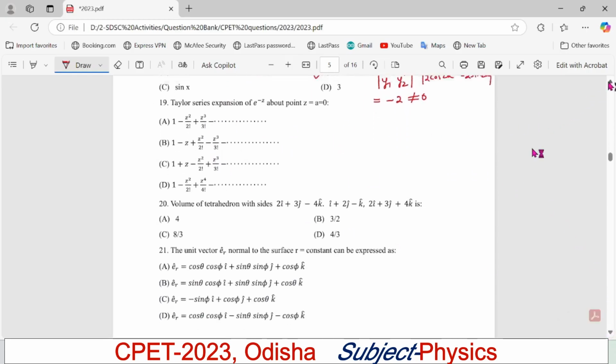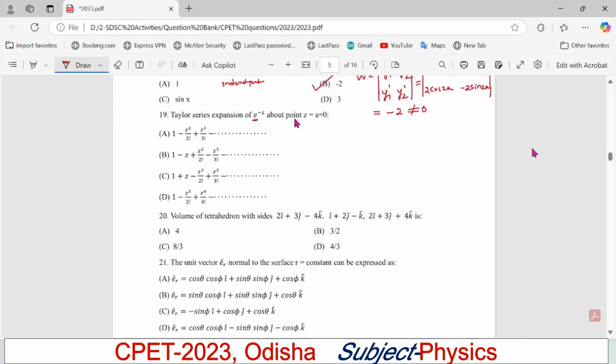Taylor series expansion of e to the power minus z about the point z equal to a equal to 0. That means here z0 equal to 0 is given. In general, the Taylor series of a function f(z) is written as the summation of (z minus z0) to the power n by n factorial into f^n(z) at z equal to z0.